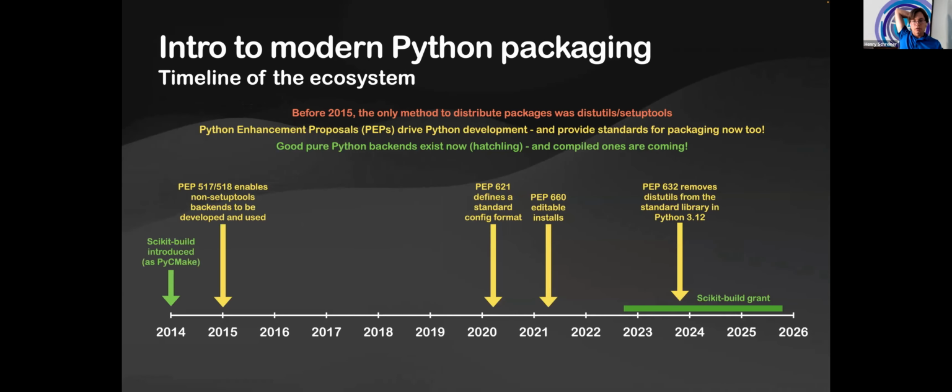So just to give you a quick view into the Python packaging ecosystem, this is a timeline. Packaging has been changing over the last few years. Originally, there was a utility built into the standard library called distutils, and then that was insufficient.